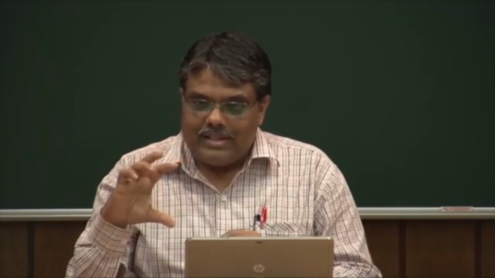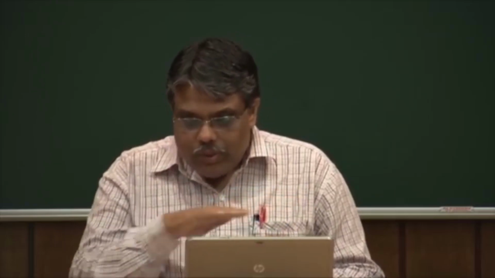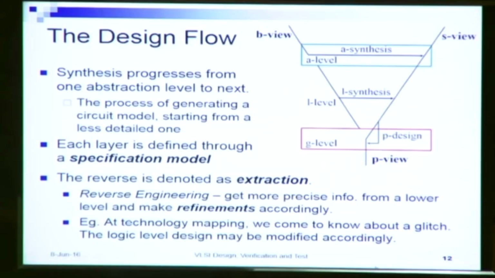Because the two inputs to the gate do not come at the same time, the output could be erroneous. If this is found when the design at the transistor level has been done, how can we correct it? We have to go back to the logic level, correct the design there, and come back to the transistor level design again and find out whether there are still glitches or not. This is why the extraction process is also very important along with the synthesis process.